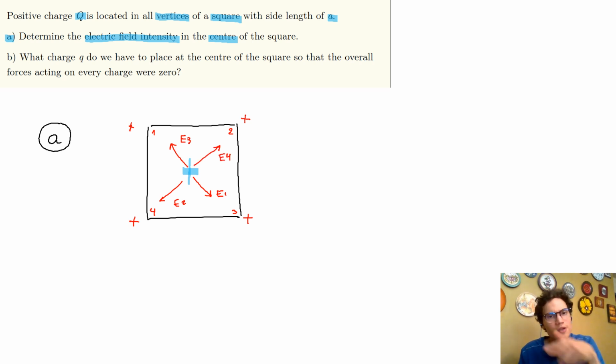So we can observe that all the fields have different directions and they are opposite, so they will cancel each other. Field 2 will cancel with field 4 and field 1 will cancel with field 3. So we end up with a sum of all the fields being equal to 0.